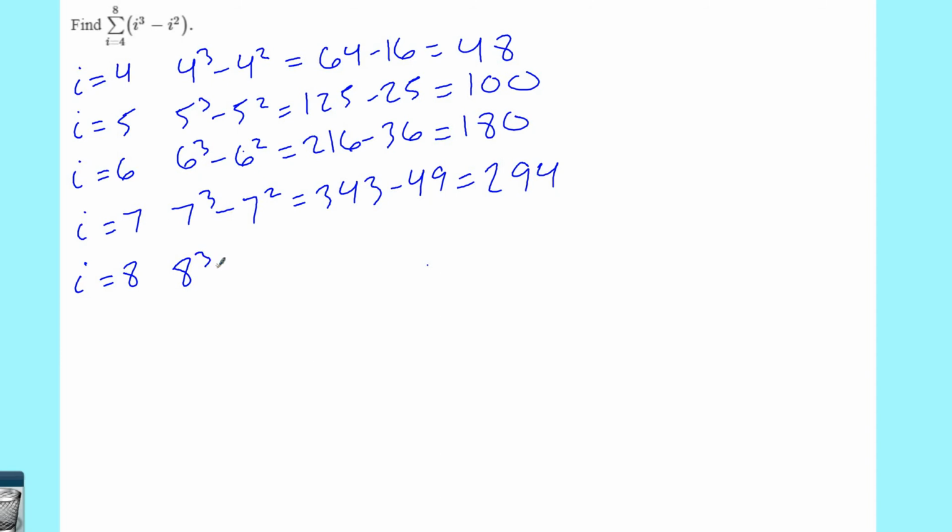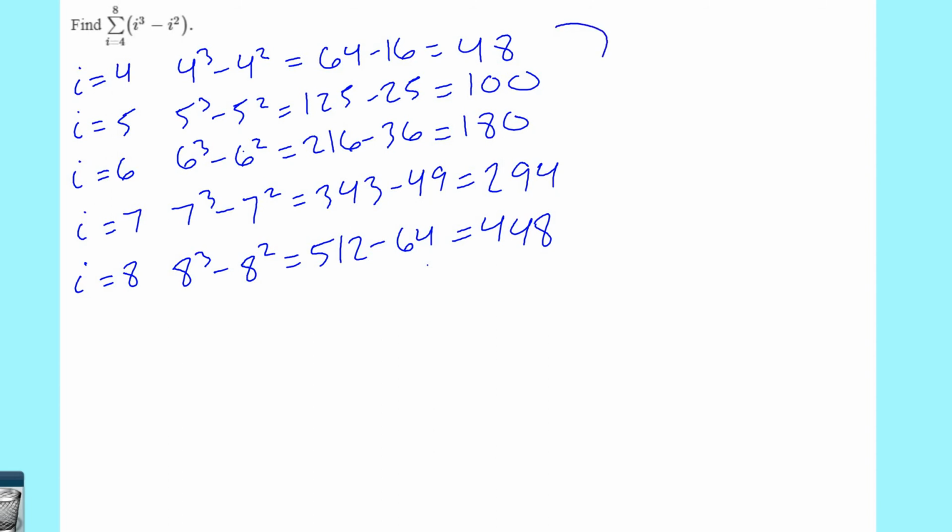Okay, 8 cubed minus 8 squared. That's 512 minus 64, 448. That doesn't seem right. I'm going to double check that. Yeah, I was right.